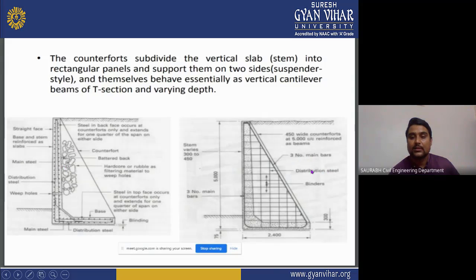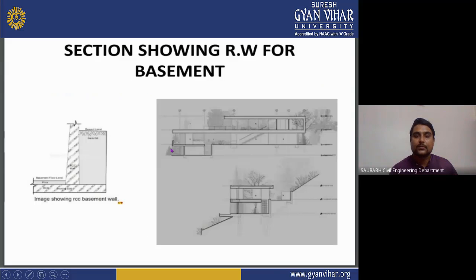And this is number 3 main bar, and the base of the counterfort wall is 2400 mm, which is equal to 2.4 meter, and the height of the counterfort wall is 5 meter. And this is known as the binder, and this is your PCC, which is made of the RCC, and there are three main bars provided for the construction of this kind of counterfort.